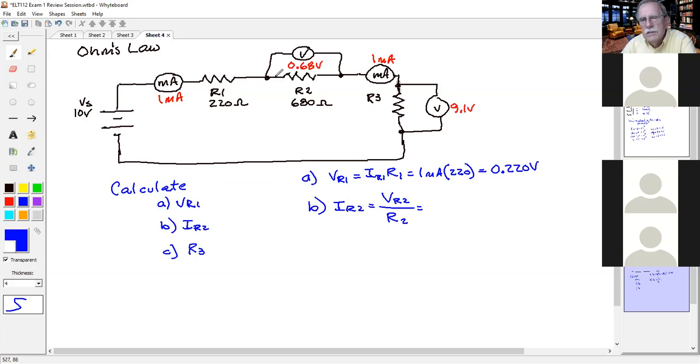The voltage that's associated with R2 is the 0.68 volts we see over here. So we'd have 0.68 volts divided by the value of R2, 680 ohms, and that should come out to be 1 milliamp.